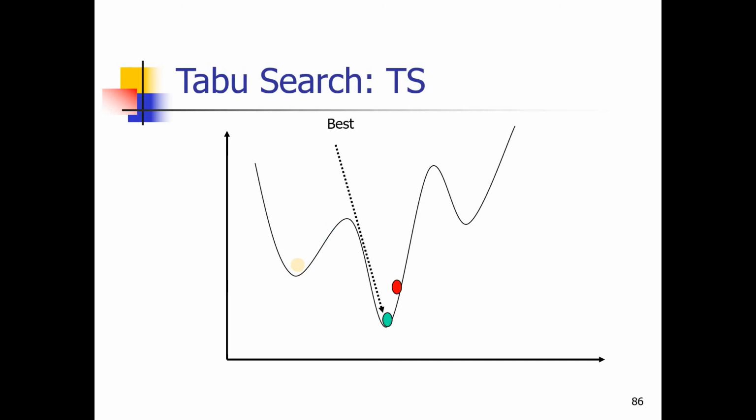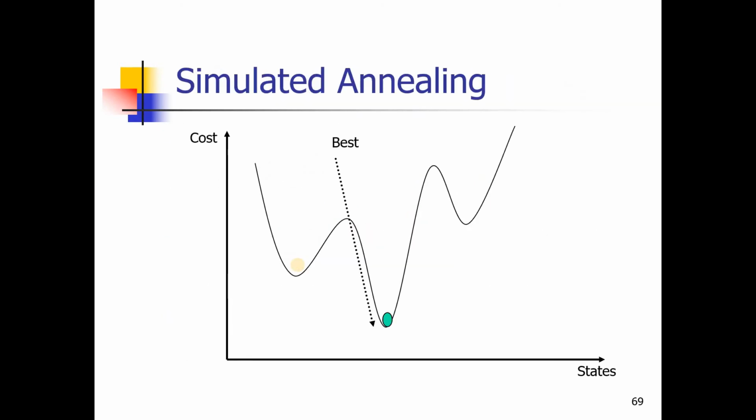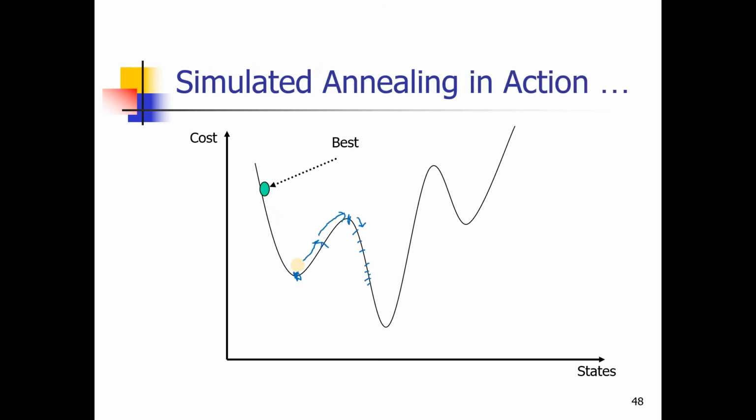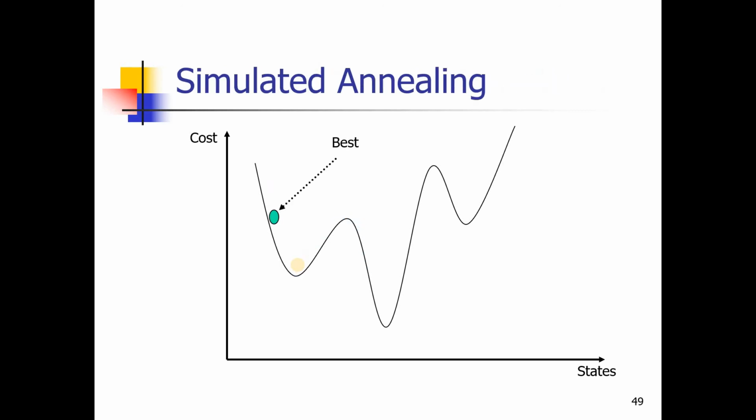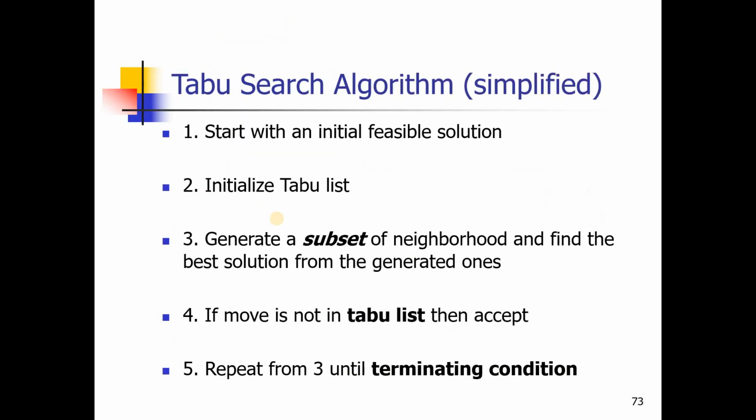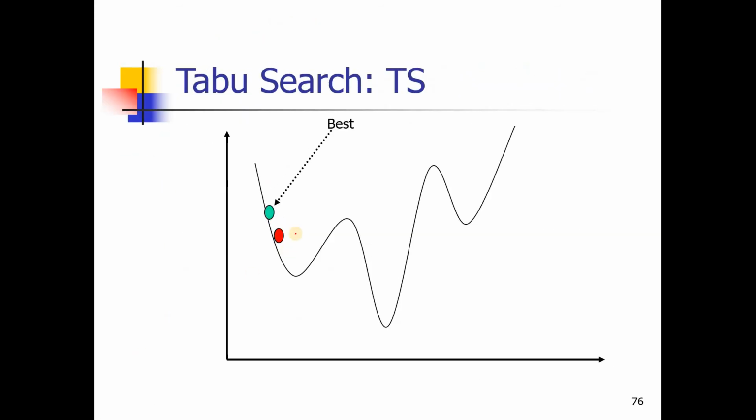And you keep on doing the same thing as you have seen previously for the stochastic hill climbing. If you see simulated annealing, you were doing the same thing, but the important difference is that in simulated annealing you had only one current node, you don't have any next node. But here in the taboo search, you have two nodes, and always you make sure that your next node is not any of the previous nodes.